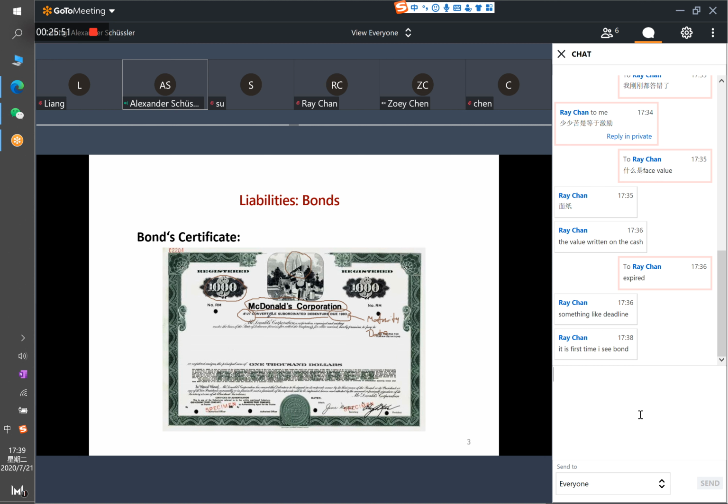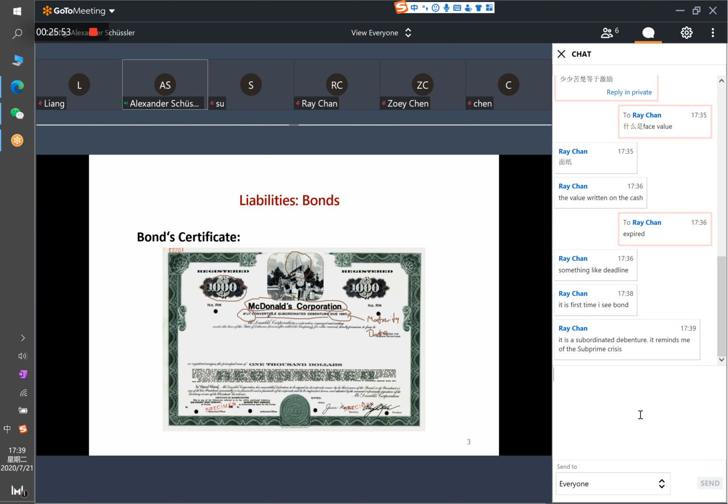That means it is not first in line when receiving the money. And debenture means it is not backed by any security. It's not backed by any collateral.